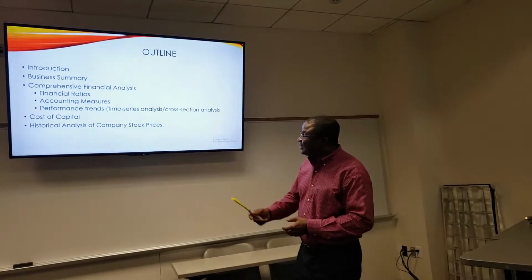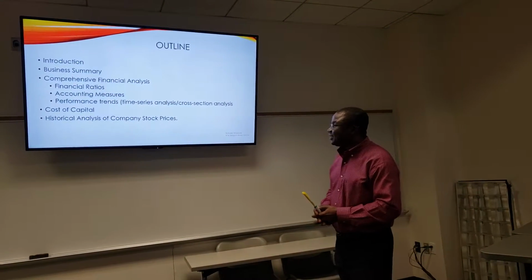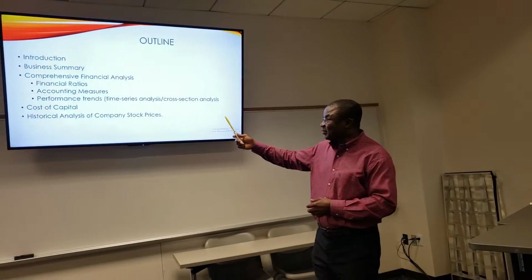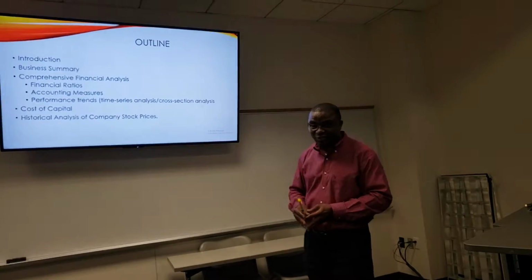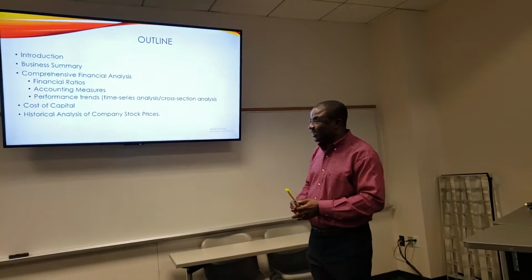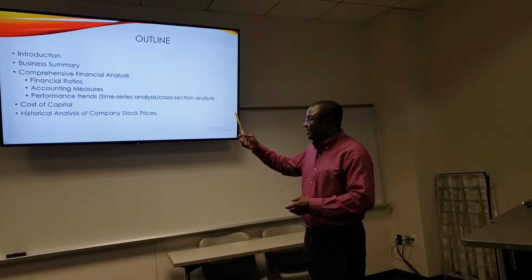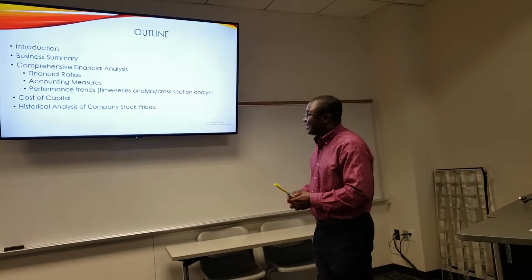My discussion is going to center on this outline. I'm going to introduce the project and the company that I worked on, the business summary for this company and the competitor, and then I'm going to discuss the comprehensive financial analysis that I did.